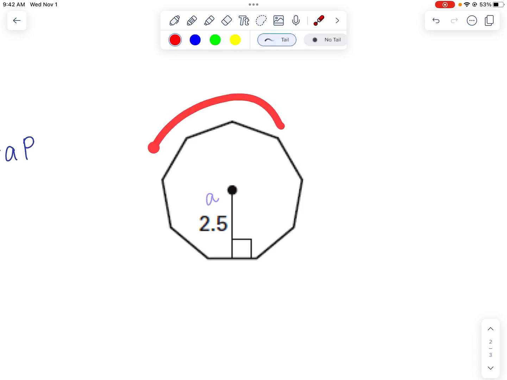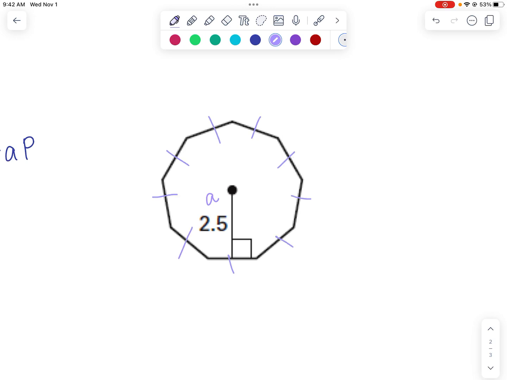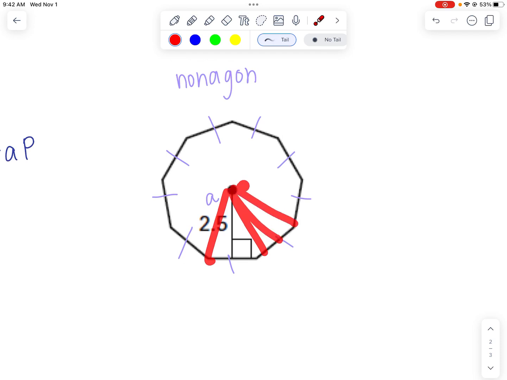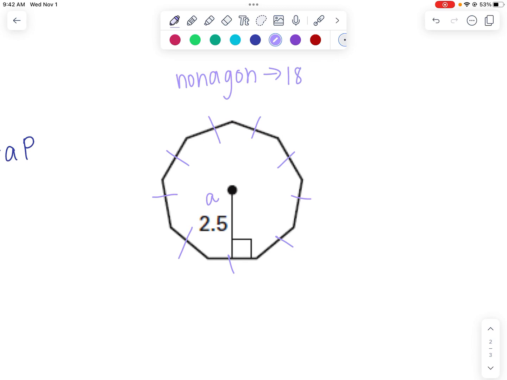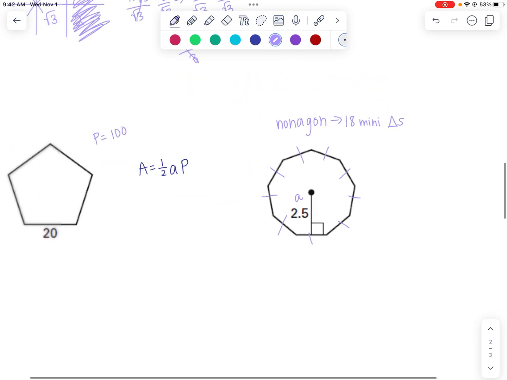What I'm missing is one of the sides. And if I count all the way around, then I know this is going to be 9 sides, a nonagon. Remember that 9 sides would create 18 mini triangles. So a nonagon would have 18 mini triangles, and that's going to come back in just a bit.